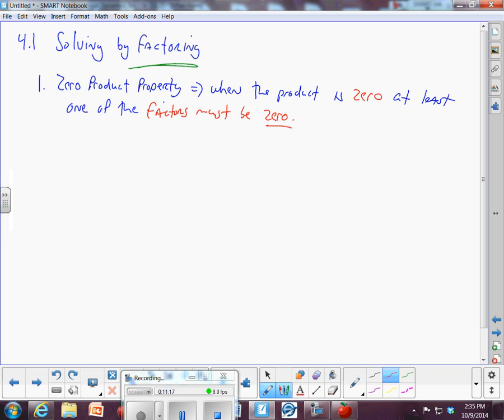It's the only way you're going to get 0. Okay? Zero product property. When the product is 0, at least one of the factors must be 0.